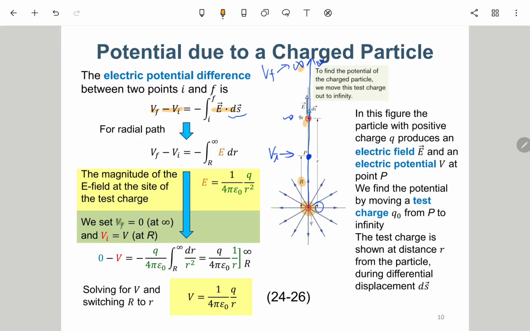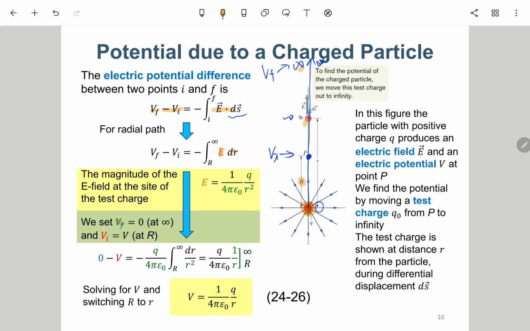Actually we try to integrate E dr. The ds and E point in the same direction, because we already know that the E field from this positive charge points upward along this axis.